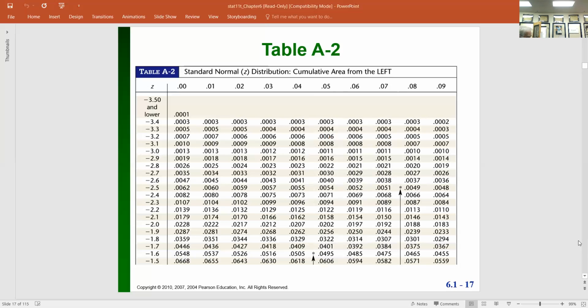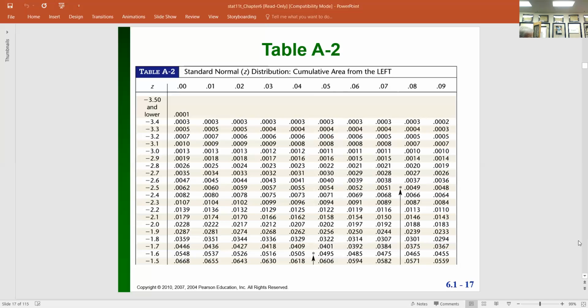If we look at this plot, the shaded area is between 90 and 115. So the way we calculate that area is figure out what the area would be if we were just looking at everyone below 115, and then subtract from that area the proportion below 90.